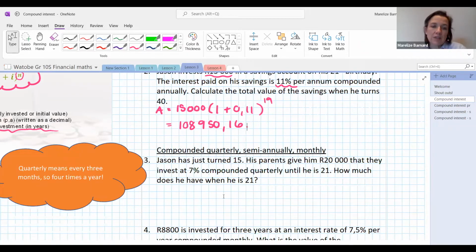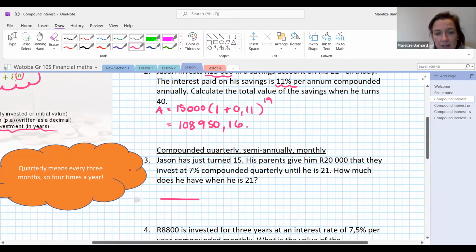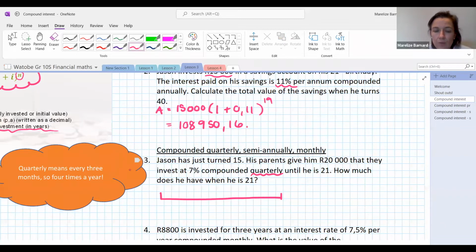So your interest is going to get calculated by the bank every 3 months. So that will end up being 4 times a year. If we can draw it on a little diagram maybe: if this is 1 year and we are compounding quarterly like we are doing in this question, you're going to get interest over here, over here, over here, and over here.